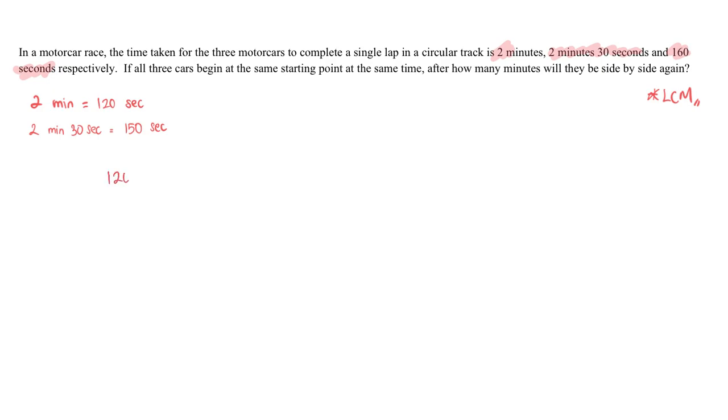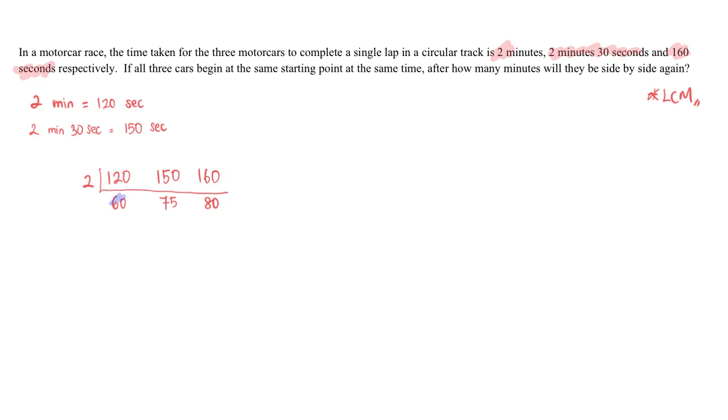So I have 120, 150, 160. I'm going to divide by the common prime factors. I continue to divide by 2 as long as, out of the 3, there are 2 of them having that same common factor.